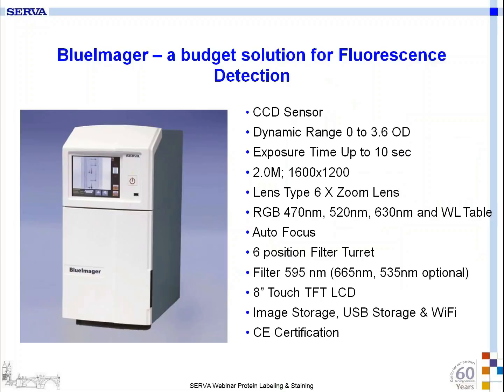It has autofocus and a filter turret wheel where you can insert different filters if you like. So it comes with a 595 filter for our SERVA Lightning Red, but can also optionally be equipped with 2 more filters so that you can make pictures of the SciDyes.